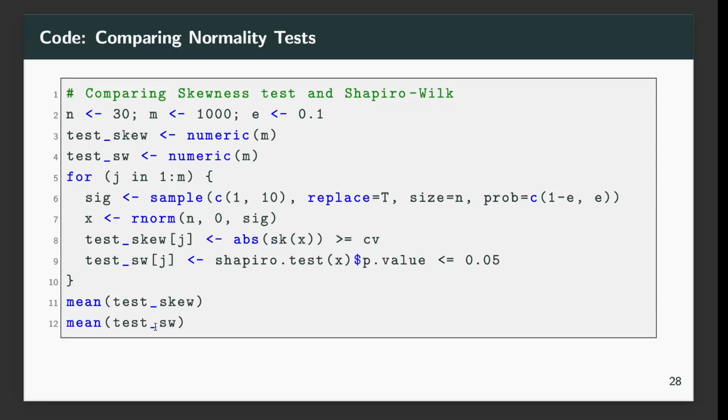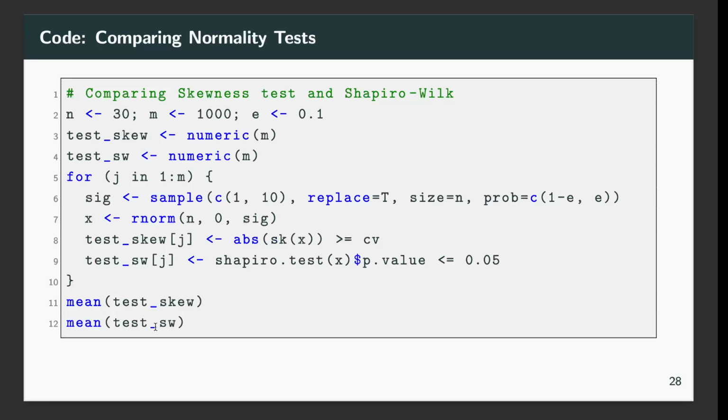You can run this, and you will see the Shapiro-Wilk test will usually outperform the skewness test because it has higher power against most alternatives to normality. Shapiro-Wilk is considered one of the best omnibus tests for normality, which means it is very powerful against a wide variety of departures, including departures in skewness.